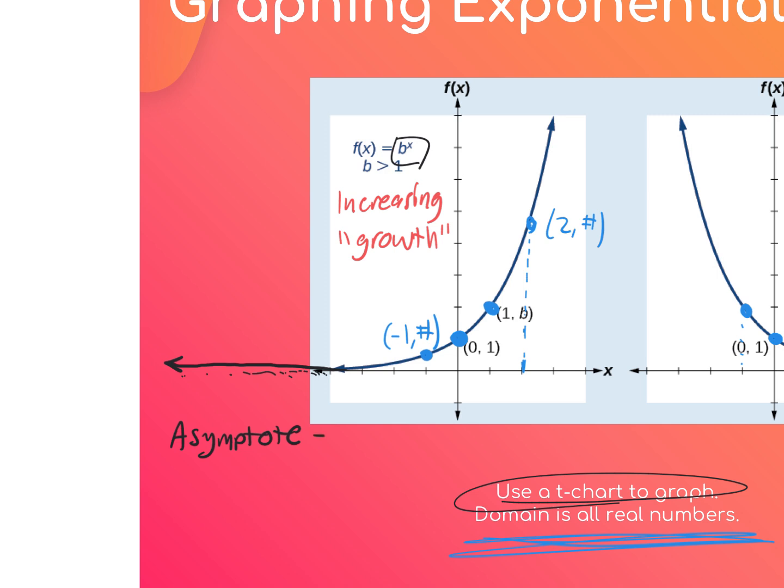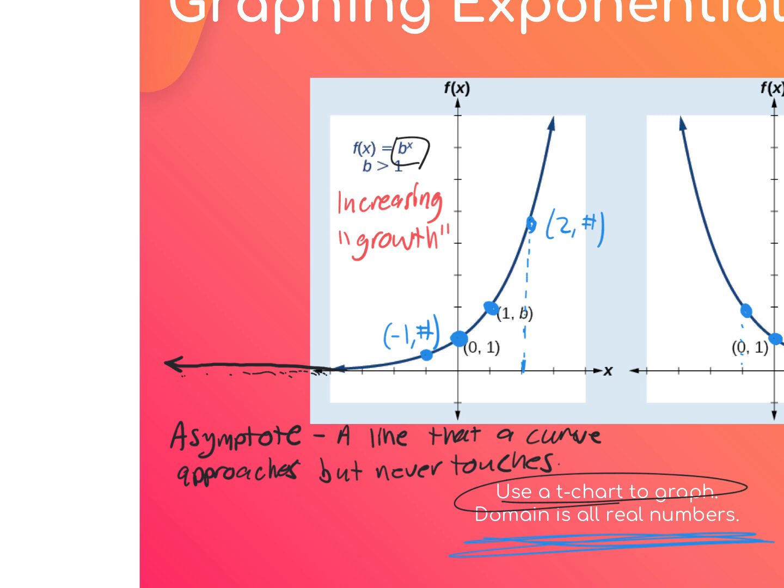An asymptote is a line that a curve approaches but never touches. Right, so it's a good thing to know.